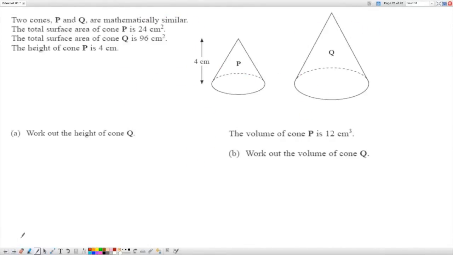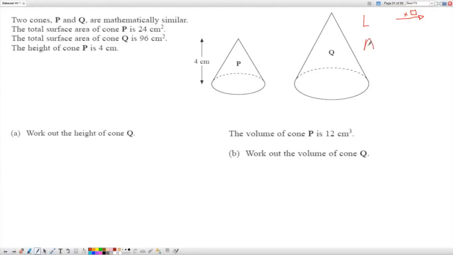Here are 2 cones, P and Q. We're told they're mathematically similar, and we're given details around the surface area, the heights, and we're going to be looking at volumes. So before we move any further, let's recap around similarity. If a shape is similar, when we look at the lengths and we move from one to the other, we just times by the scale factor, whatever that might be, 2, 3, 4.